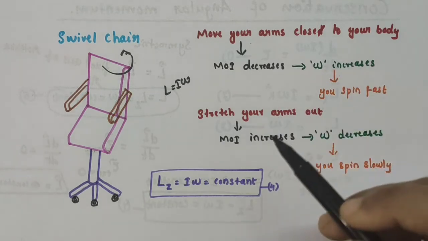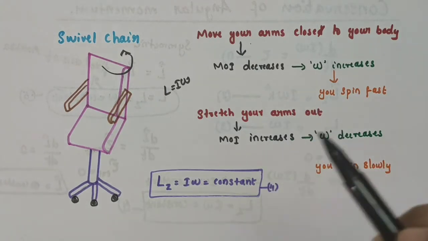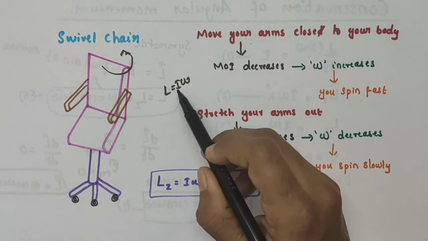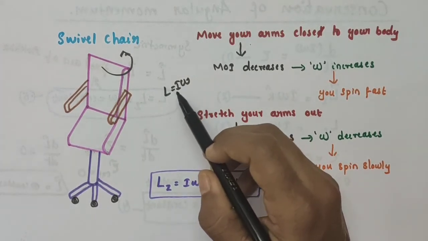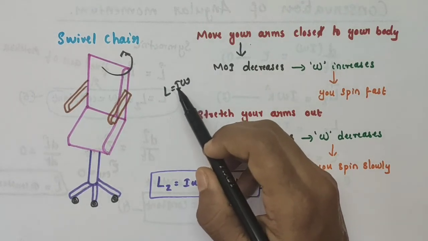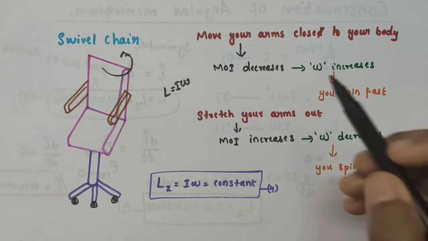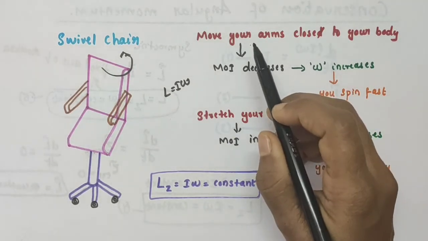We know that momentum is always conserved. We are neglecting the frictional force here. Angular momentum is equal to moment of inertia times angular speed. So, moving your arms in and out changes your moment of inertia.